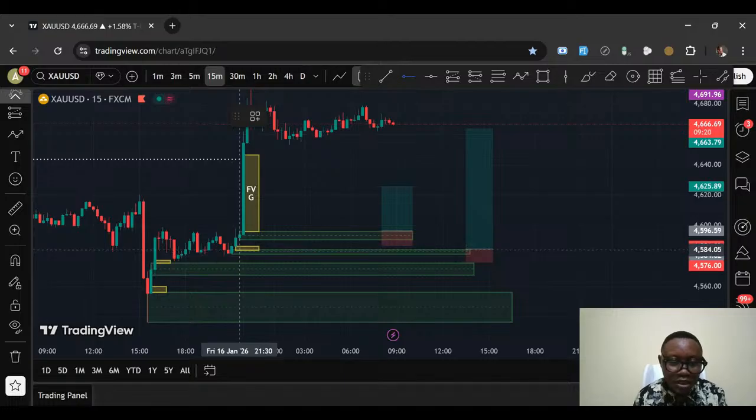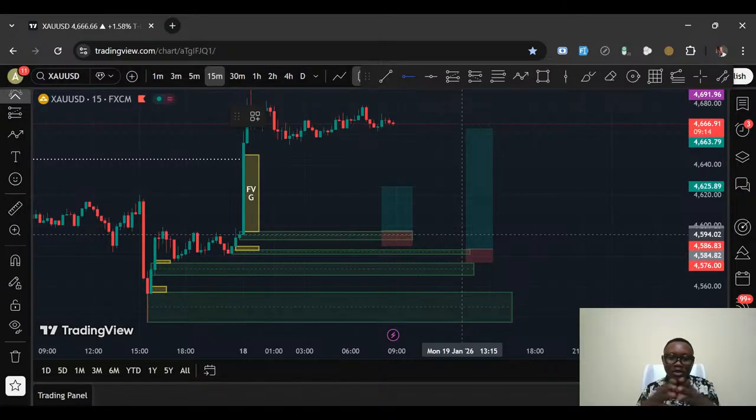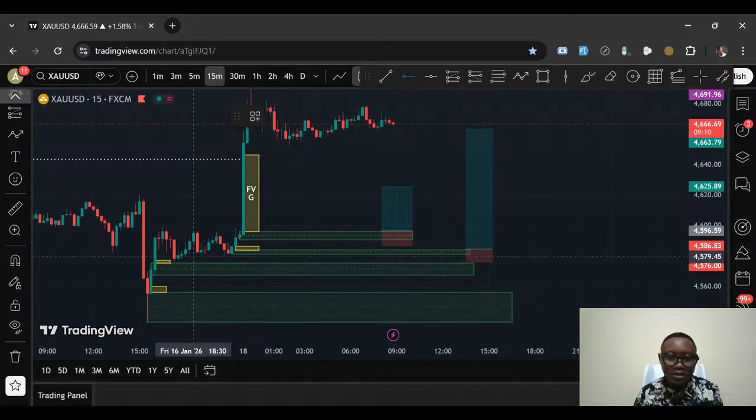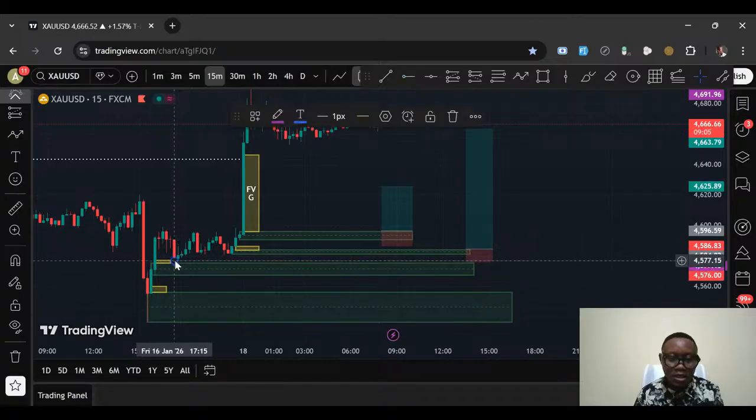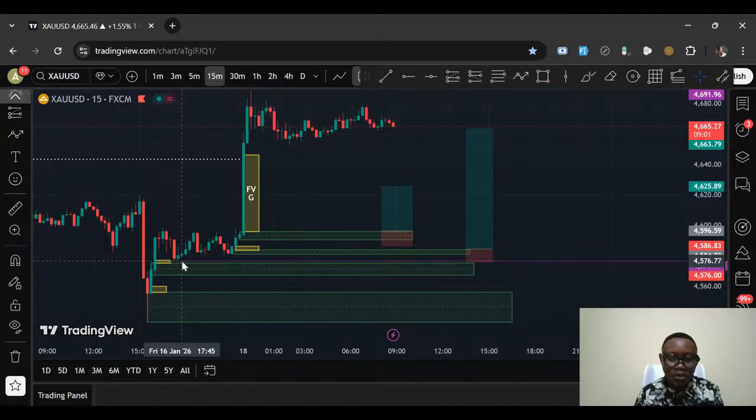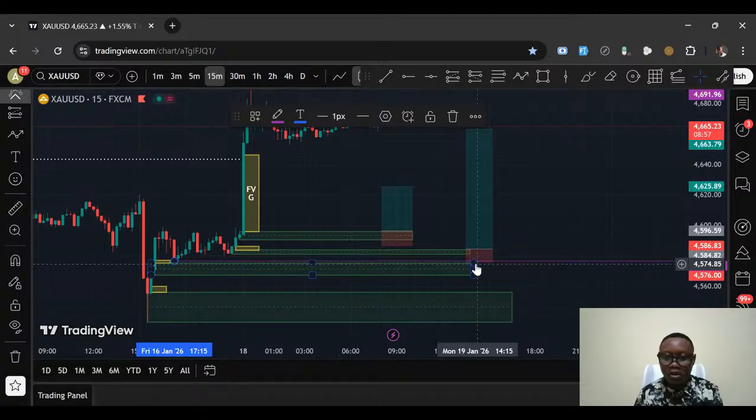But trust me, for this, I would rather place my SL slightly below, since the zones are very close together, right? I would rather place my SL right below this low. So I'll place my SL slightly below this, which is the fair value gap for the zone before, right?